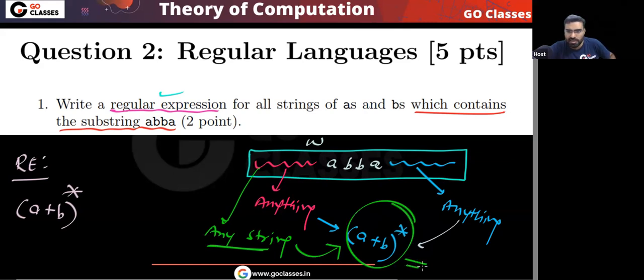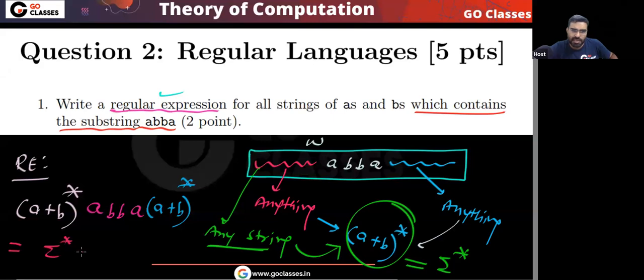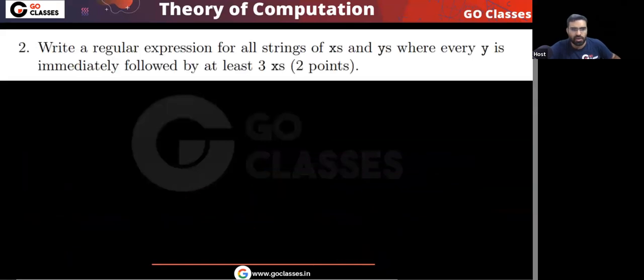Then this substring must come, and then any string can come. So very simple. Your regular expression is basically sigma star, then ABBA, then sigma star. This is the correct regular expression. This is a very simple question. Now let's see the next question.